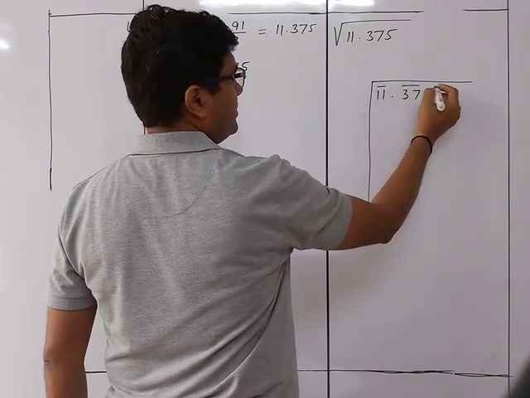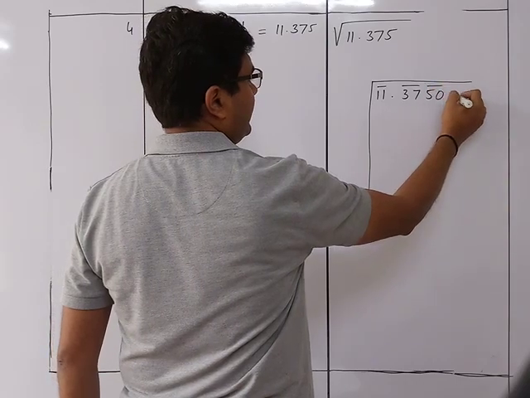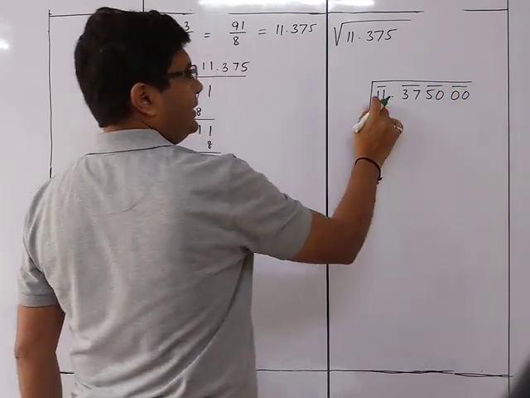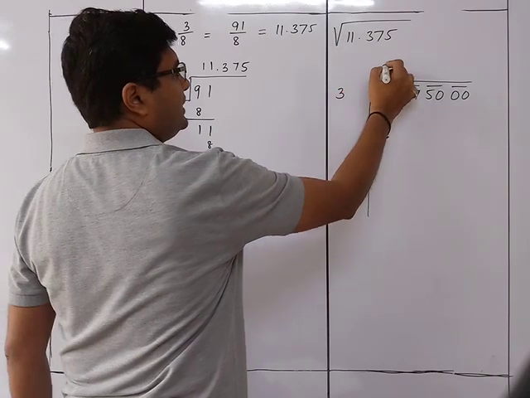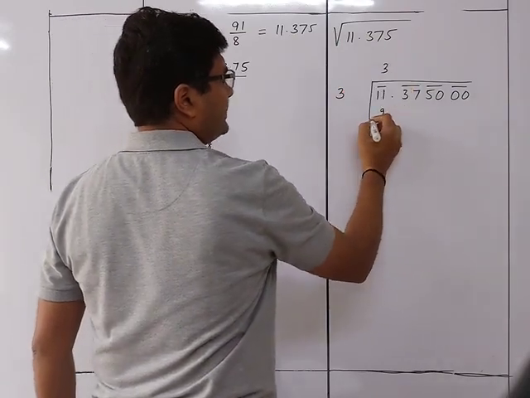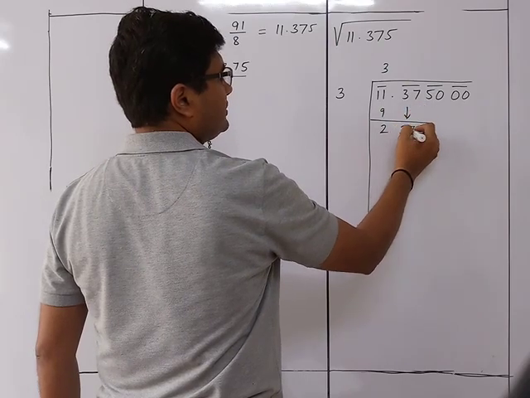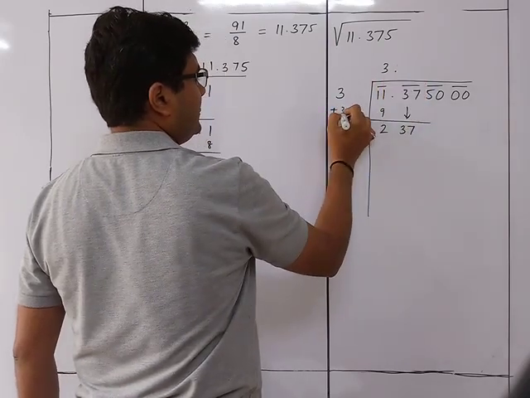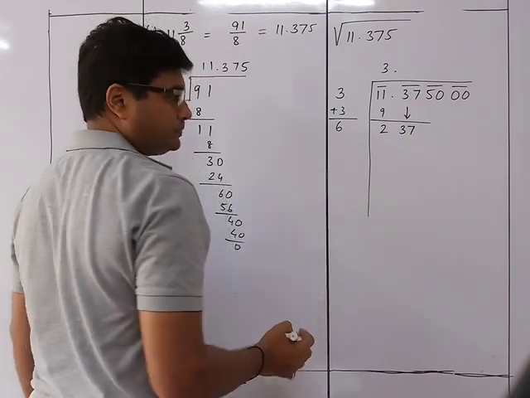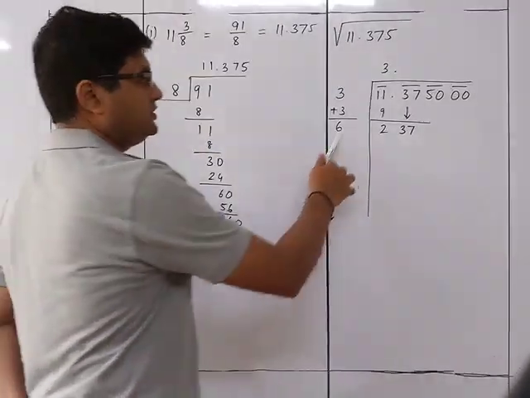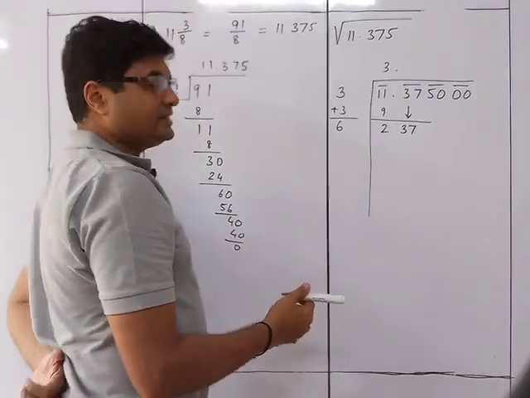11.375. So 37 will be one block. This will be another pair and this will be the last pair. 11, you know, 3 3s are 9. So that is the first square number, giving me the resultant as 2. 37 comes here, a point here, plus 3, and you get 6. Now 6 and 23. So 6 3s are 18.